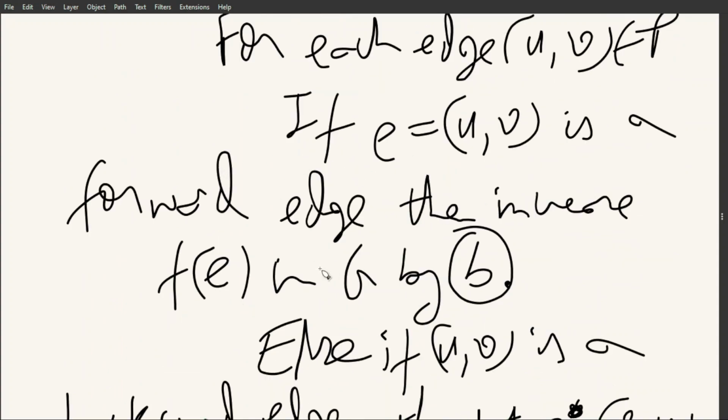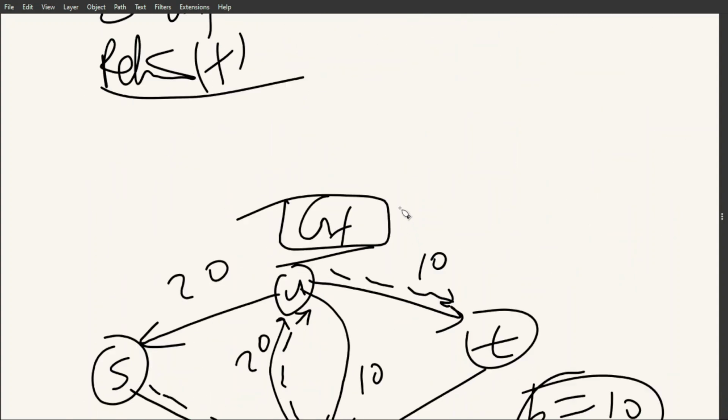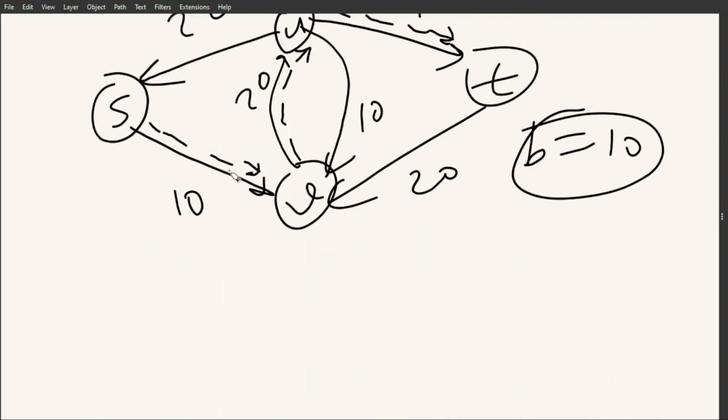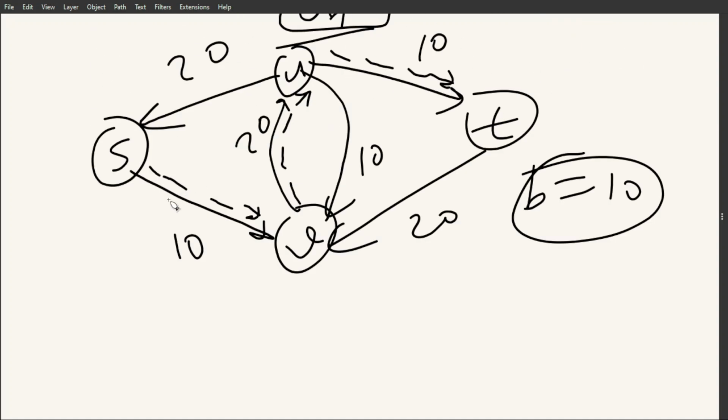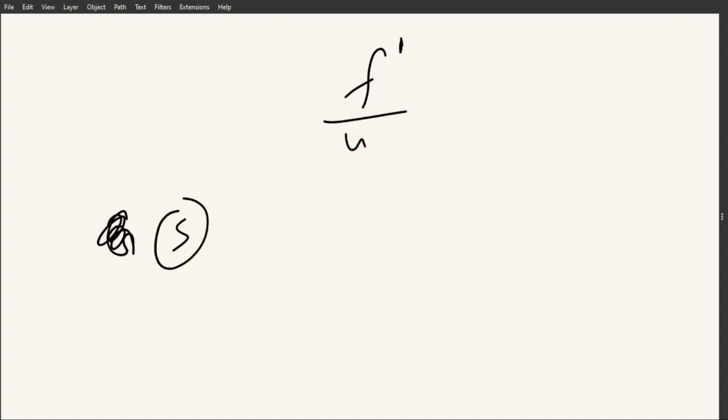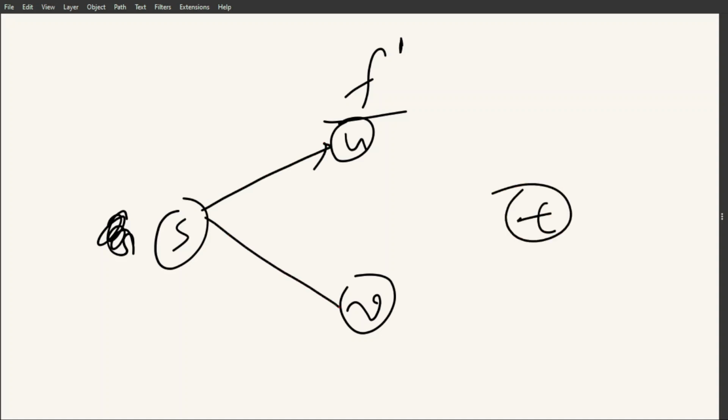For forward edge, increase by bottleneck, backward decrease. So we increase the flow by 10. So here once again we draw this f' on the original graph S, U, V, T. We have these edges like this.